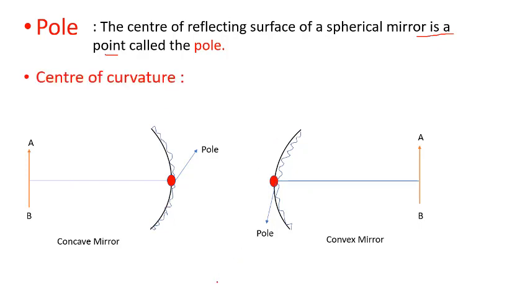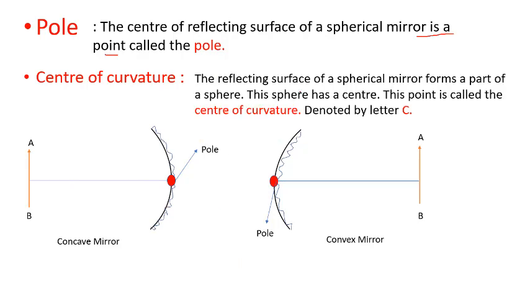Now what is center of curvature? The reflecting surface of a spherical mirror forms a part of the sphere. This sphere has a center.